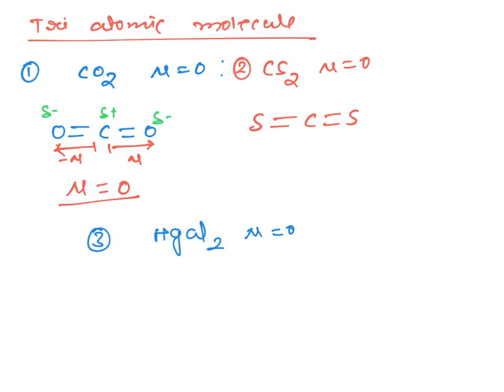Then what is the structure? It must be linear, oriented in this fashion. In this case also there is a negative pole, so the dipole moments oriented in opposite directions mutually cancel, and the resulting dipole moment is 0.